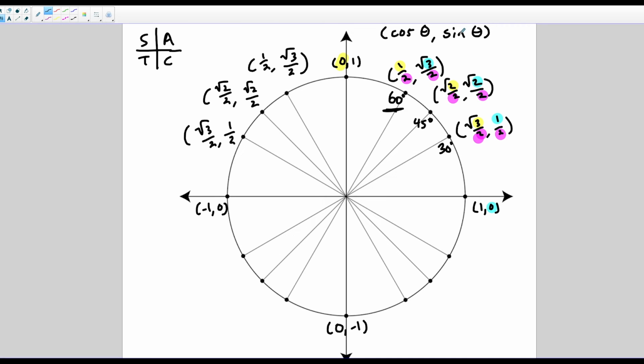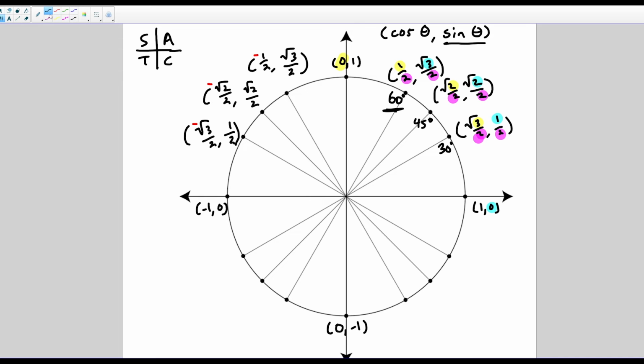Our sine of theta is always going to be our y values. So that means all of our values in the y position are going to be positive, so we don't need to change anything about them. But that means that everything else is going to be negative, particularly our cosine. Our cosine in quadrant number 2 is going to be negative. So this needs to be negative 1/2, negative root 2 over 2, and negative root 3 over 2.